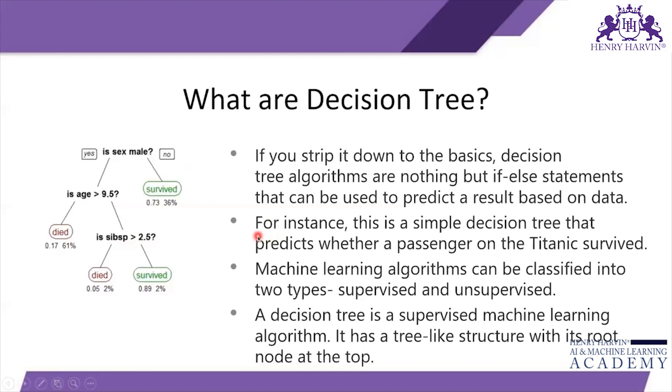So let's move further. For instance, this is a simple decision tree that predicts whether a passenger on the Titanic survived or not. Machine learning algorithms can be classified into two types: supervised and unsupervised. In supervised learning, we have our input and also our output.